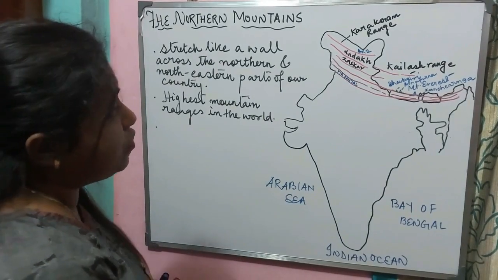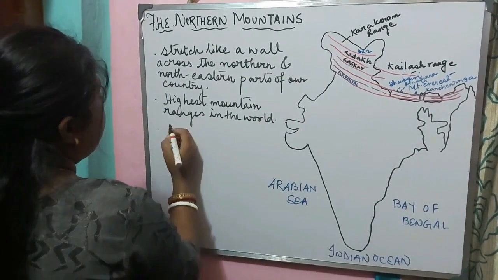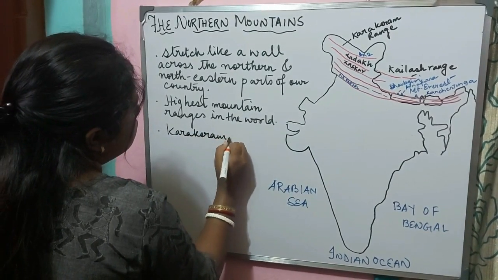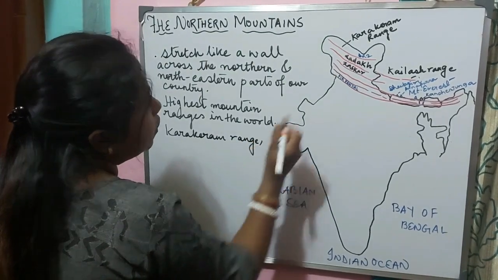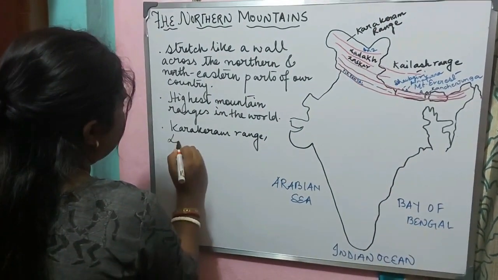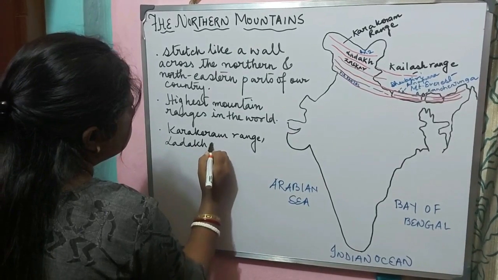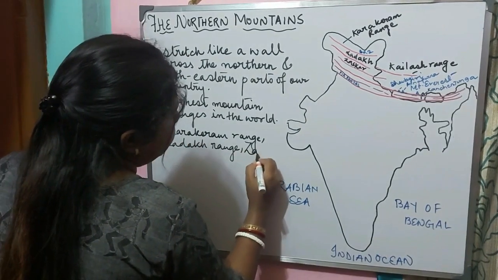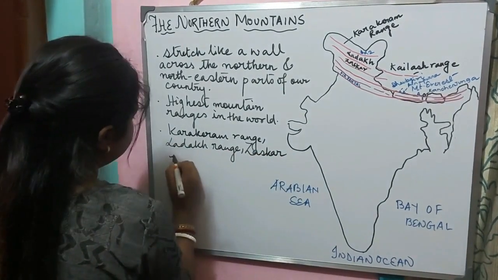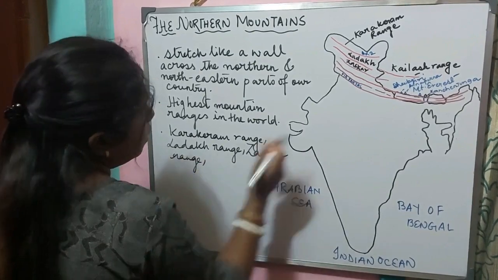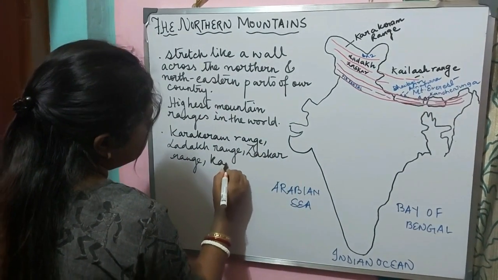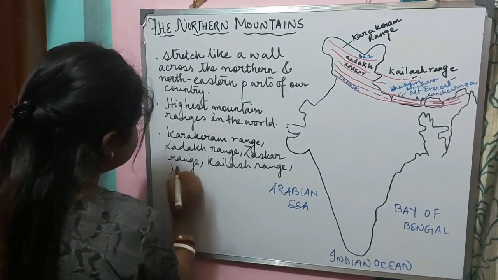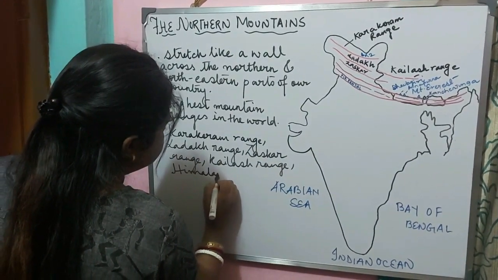The northern mountain ranges include the Karakoram range, here is our Karakoram range, Ladakh range, here is our Ladakh range, Zaskar range, Kailash range, and Himalayan ranges.